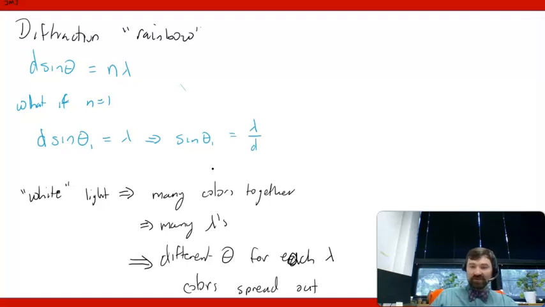Now in the center, where theta equals 0, what happens? Well, if theta equals 0, n can also equal 0. And so all of the wavelengths have the same location for n equals 0. They're distributed a little bit because I have an extended source with these fluorescent lights.